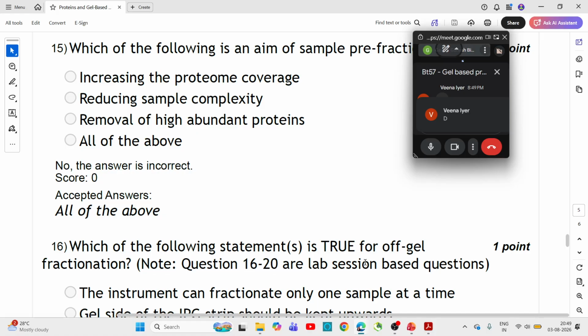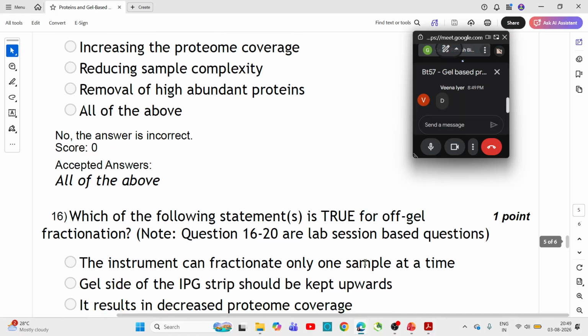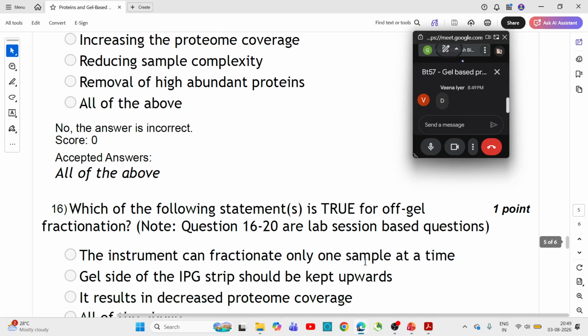Which of the following statement is true for off-gel fractionation? So questions 16 to 20 are lab session based questions.